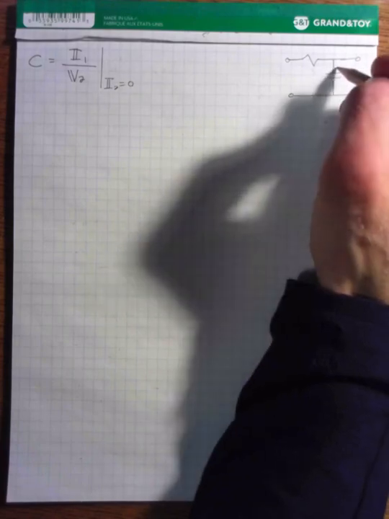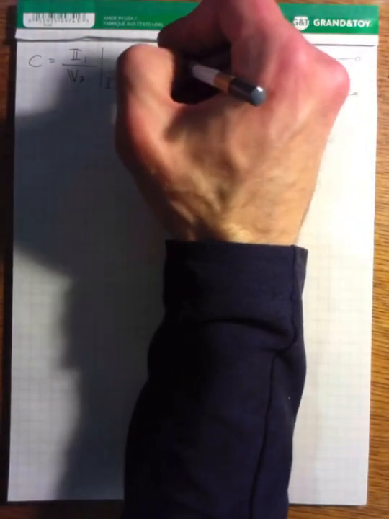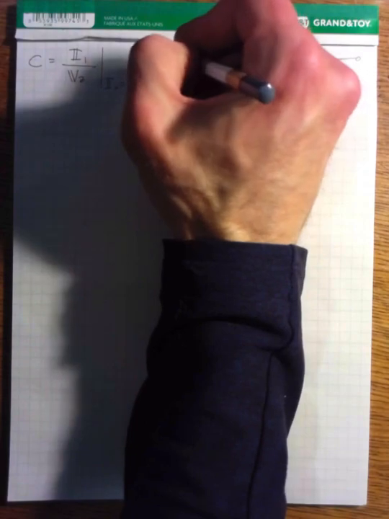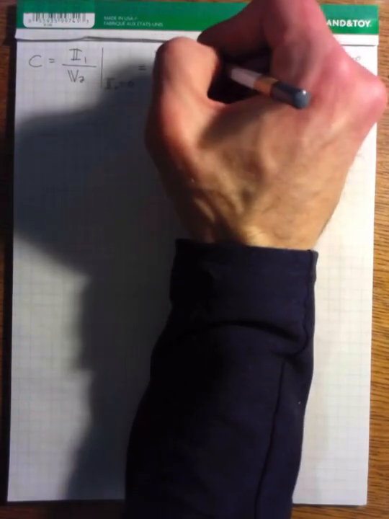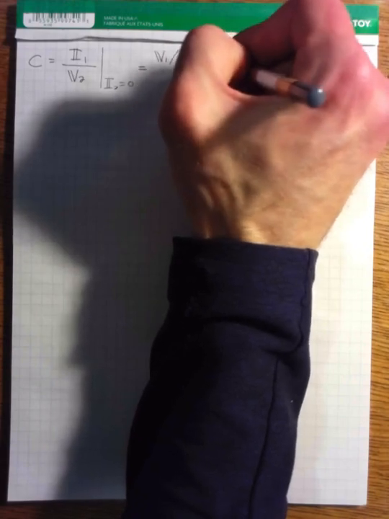And V2 is just given by the voltage divider equation. So on the numerator, we have the current V1 divided by the sum of the resistance and the impedance of the capacitor.